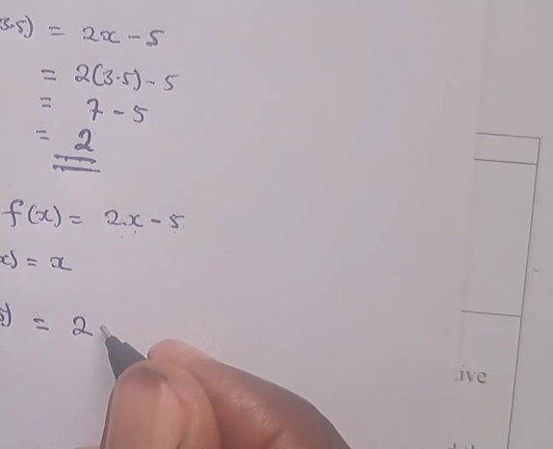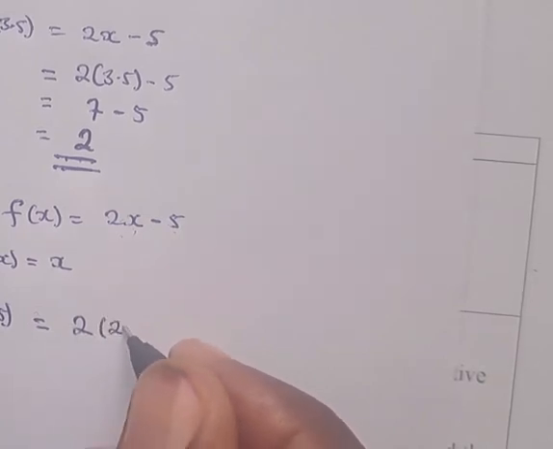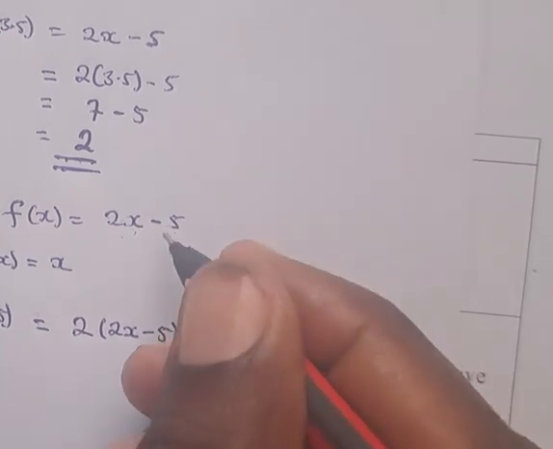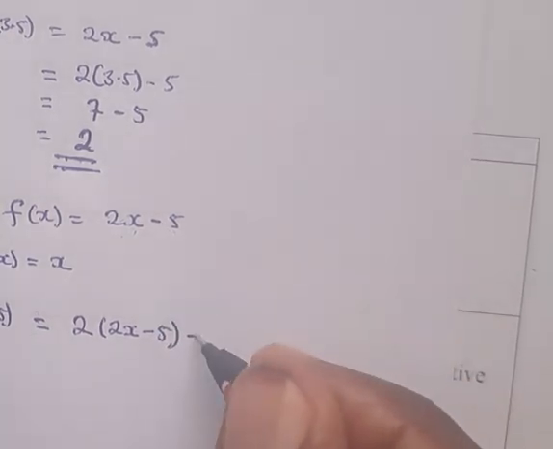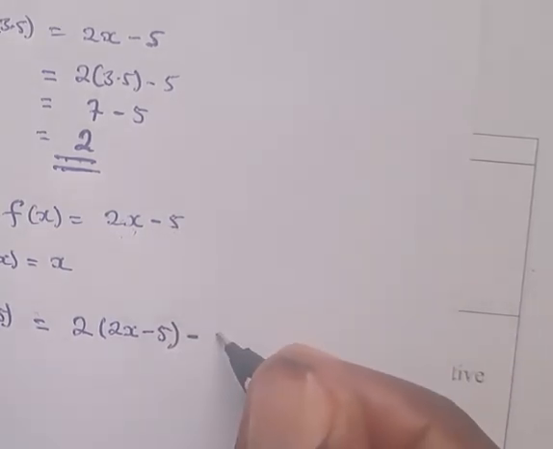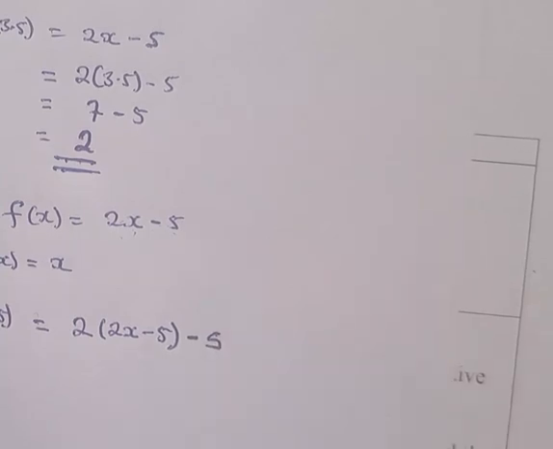So we're going to say where there is 2, we're going to say 2x minus 5, then minus this 5 here. I hope it makes sense. Minus this 5 here, right? I hope it really does.